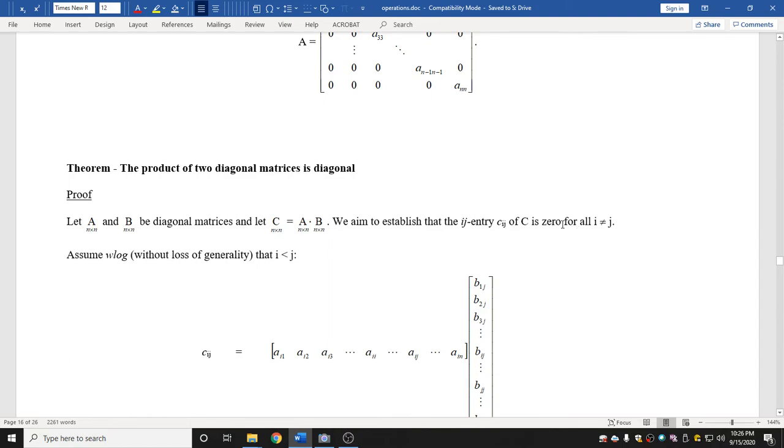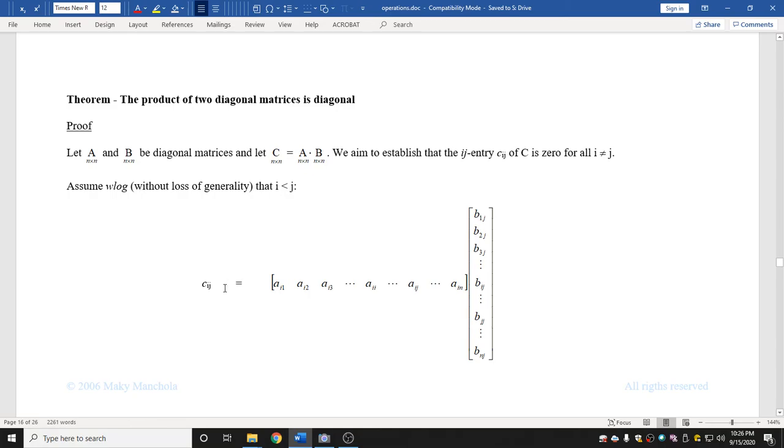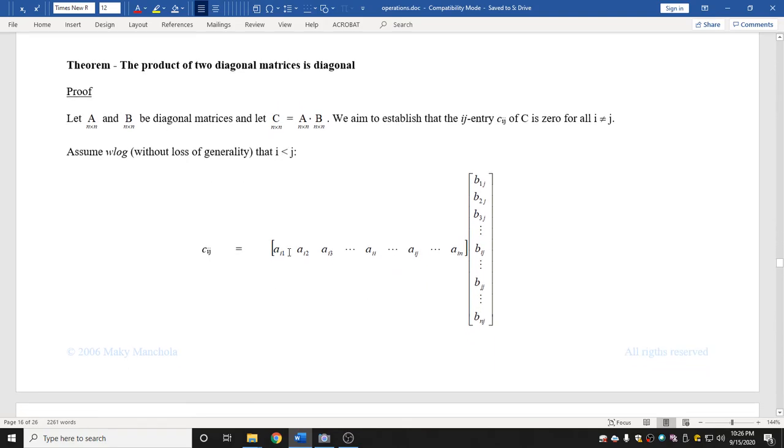So what we need to do is find the entries themselves. So we're going to find the ij entry of C, C_ij. That's the dot product of the ith row of A and the jth column of B. But observe that every one of these entries is 0 except A_ii, and every one of these entries is 0 except B_jj.